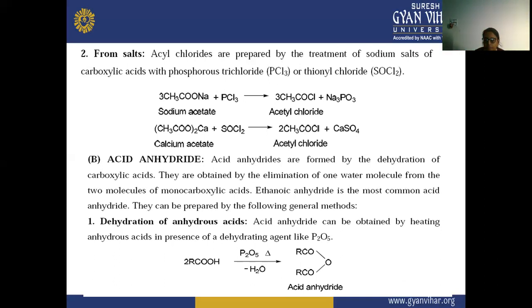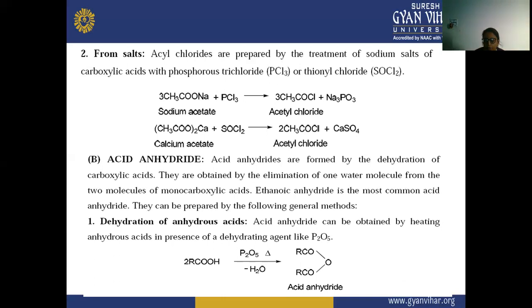So one water molecule is removed from these two molecules of monocarboxylic acid, and from that there is a formation of ethanoic anhydride, which is the most common acid anhydride.